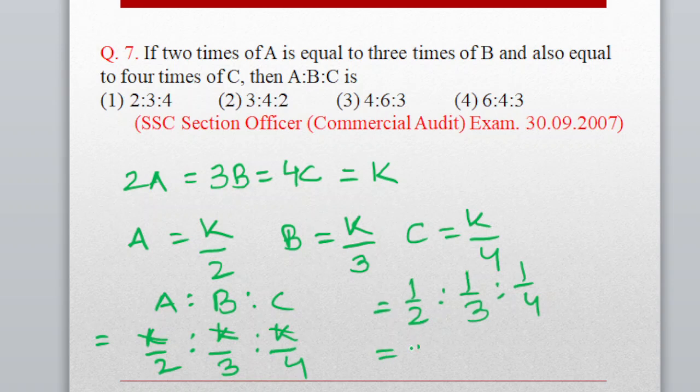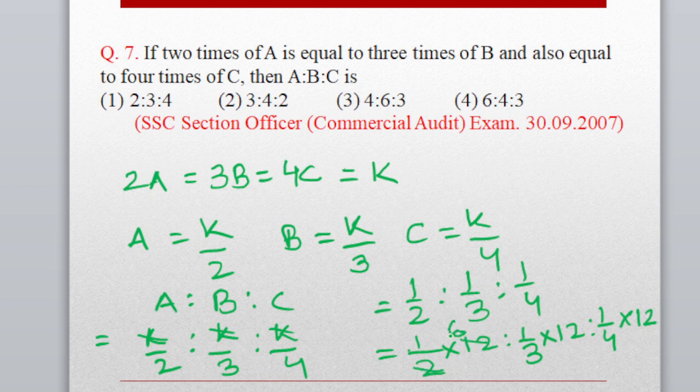Next step, we multiply that LCM with each fraction. Now here 2 sixes are 12, 3 fours are 12, 4 threes are 12.